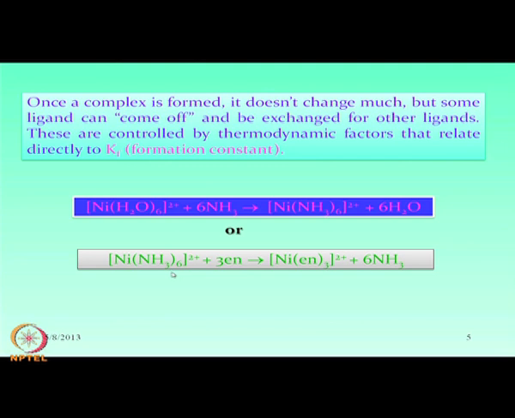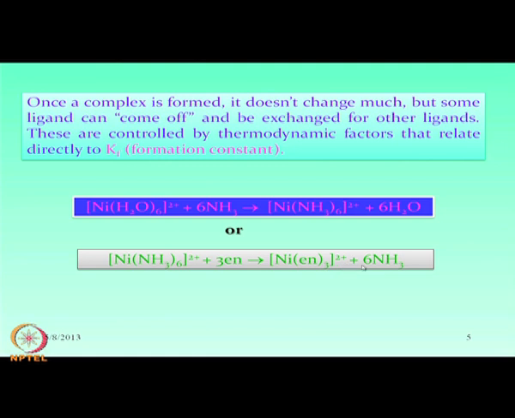That means all the 6 NH3 molecules are being replaced by these bidentate ethylene diamine molecules, such that the binding strength of these bidentate chelating ligands is more compared to the binding of the ammonia molecules to the nickel center. As a result, we get the tris ethylene diamine nickel 2 ion.